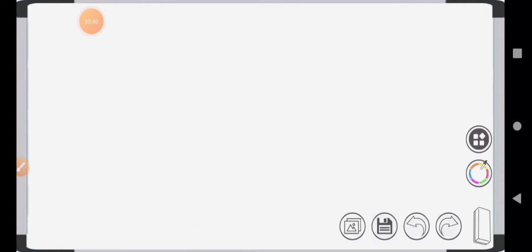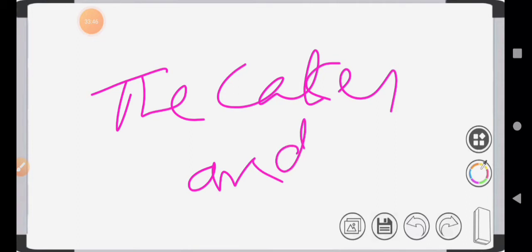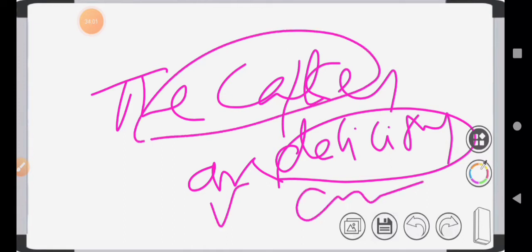So for example, the cakes are delicious. Delicious is an adjective. It tells something about the cakes. Here the cakes is the subject, then the verb, then the complement, not an object.